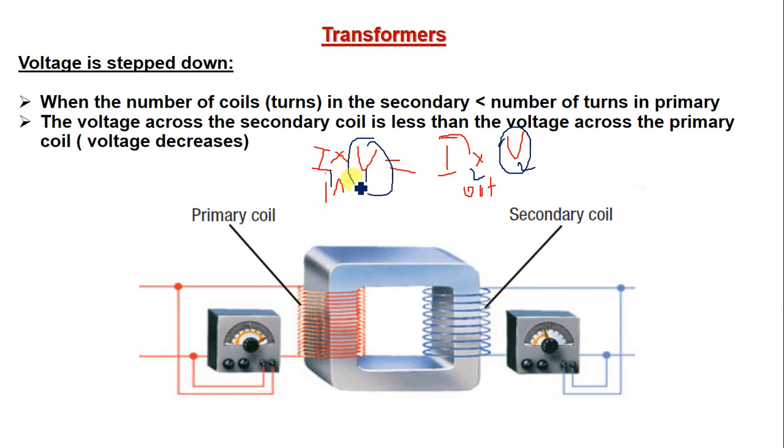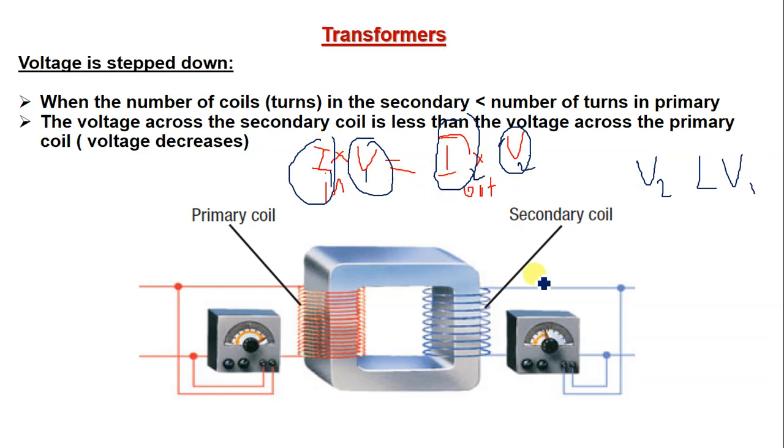But this product is equal to this product, as I explained now. The power input is equal to the power output. How is this possible? To make this possible, if V2 is less than V1, it means the current in the secondary coil is more than the current in the primary coil.